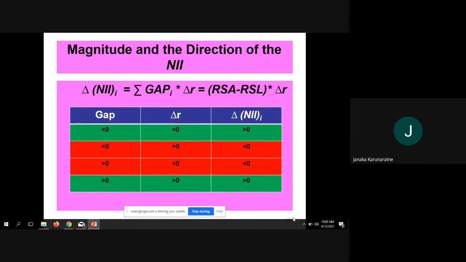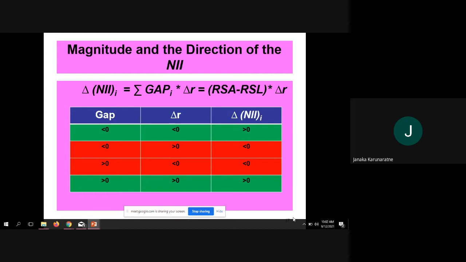When you have a positive gap and let's say interest rate rises, you have more assets which are repriced at a higher rate than liabilities repriced at a higher rate. So it will be a positive impact. So you end up with a positive result.